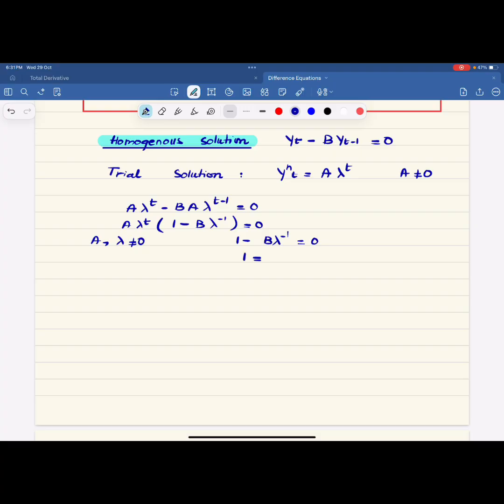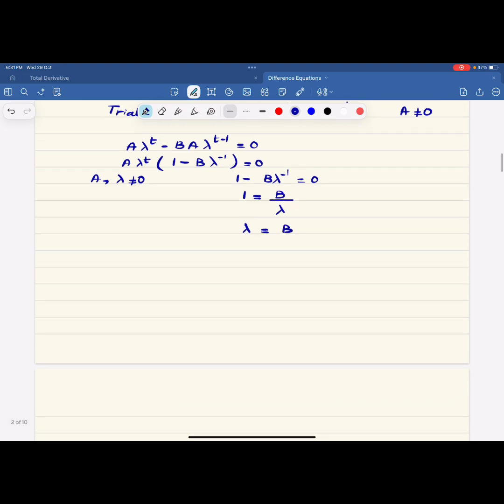Therefore 1 equals beta over lambda, and lambda therefore equals beta. Hence our homogeneous solution equals A beta^t.